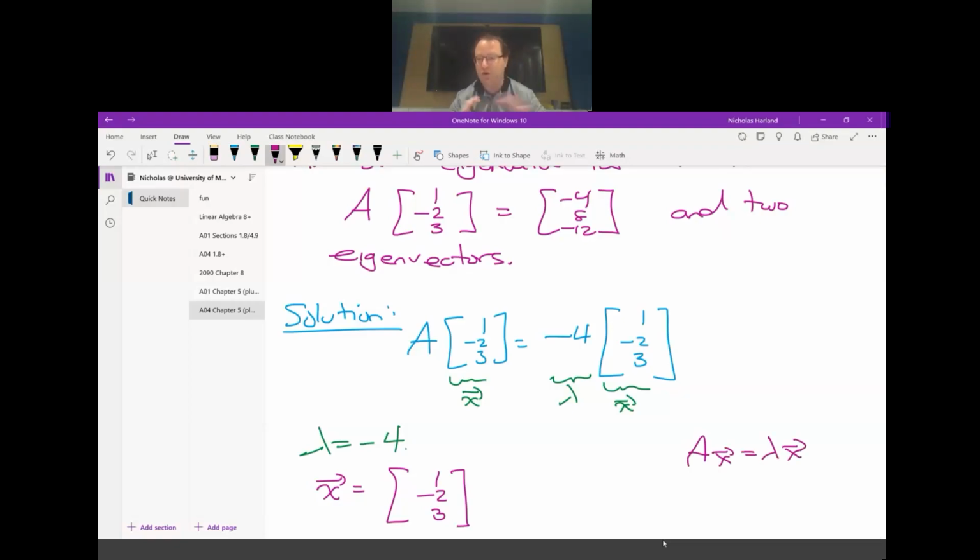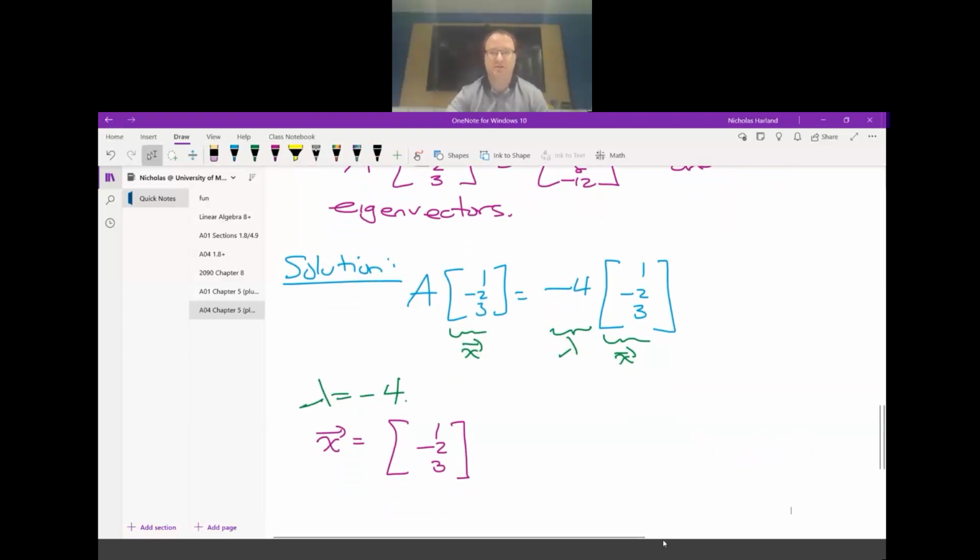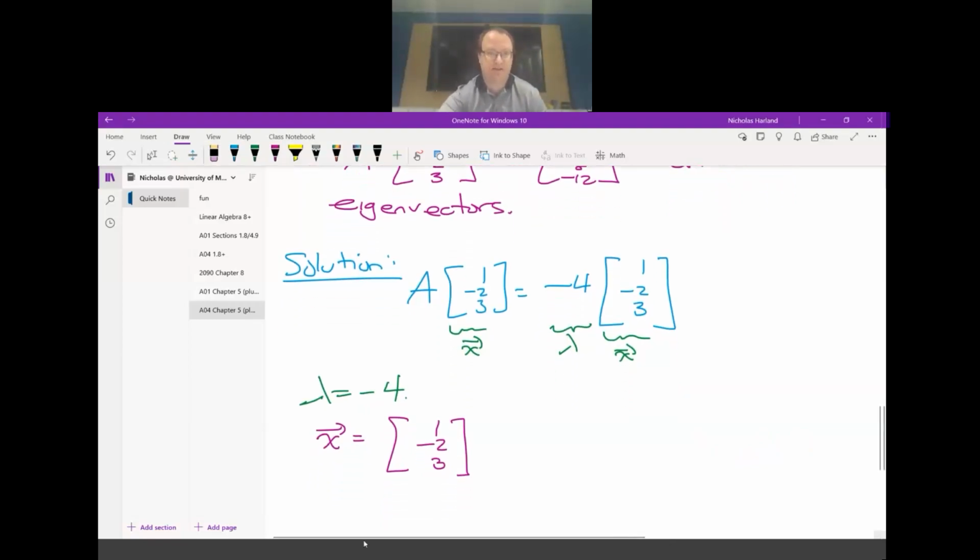That's what being an eigenvalue and an eigenvector is all about. Non-zero solutions to that specific expression. So the eigenvalue is the lambda, the eigenvector is the x. All right, so can anyone think of another x? Because the question asked for 2.